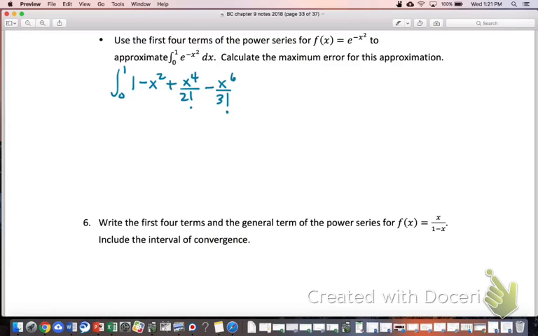So it says use the first 4 terms, so I'm just going to close that off and put a dx right there. And then I'm going to let you guys try to finish this off. So this will be an approximation for this original integral. It's not going to equal it, but it'll give us a decent approximation, whatever decent means.